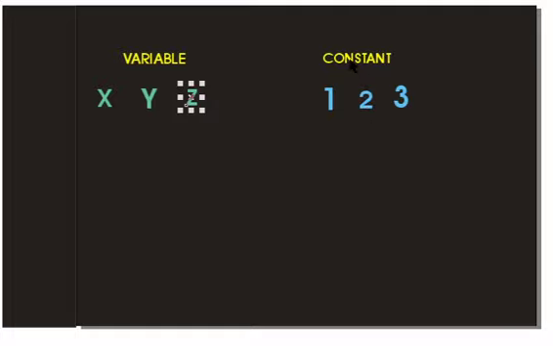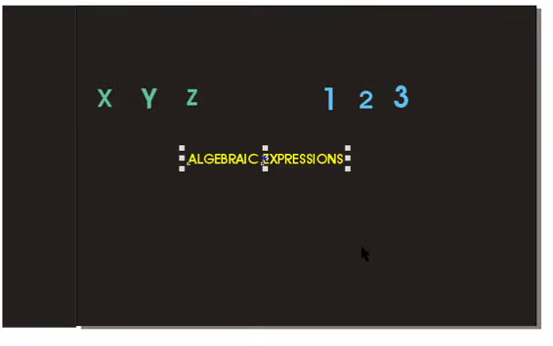So let's start with the meaning of the algebraic expression. As you have already read in the definition, it is nothing but a combination of alphabets and numbers. If you combine a number with a variable, then it becomes 2x.